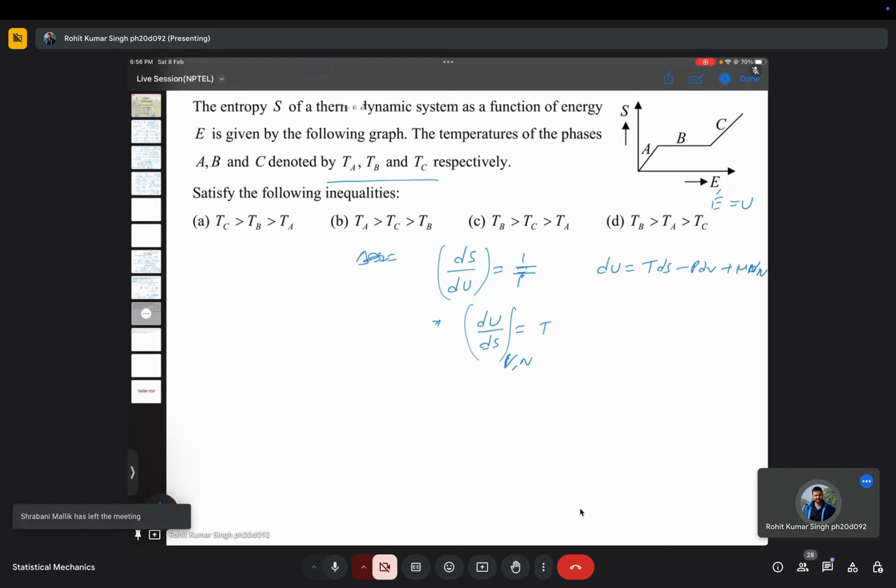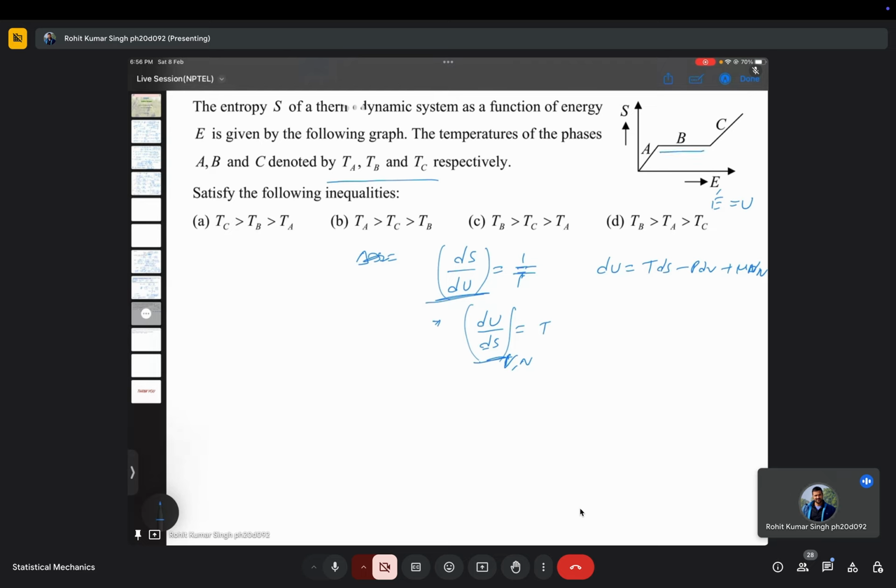So now think about it. This is del U over del S, or del S over del U, which is just the slope of these functions.